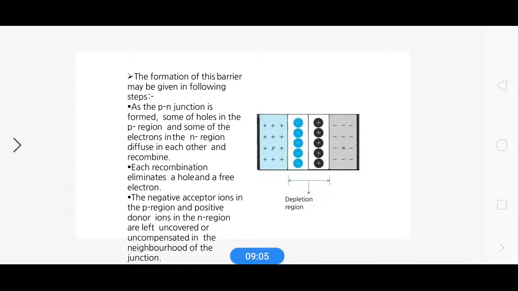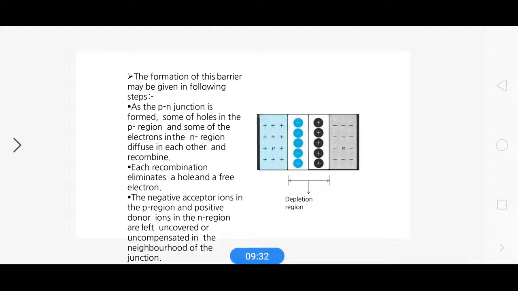So therefore, the negative acceptor ions in the p region, means in the p region, the electrons from the n region crossing the junction recombine with the holes in the p region. So therefore, the electrons are absorbed by the p region.